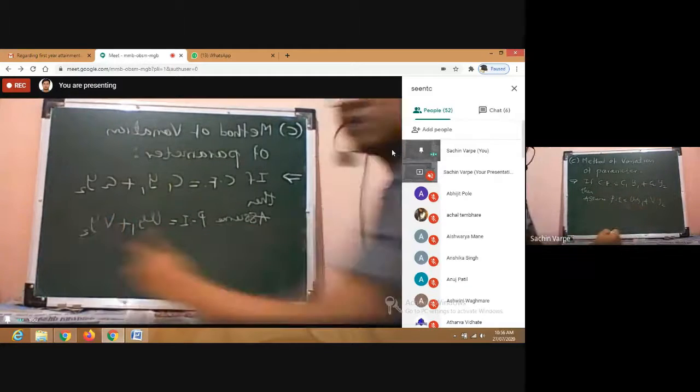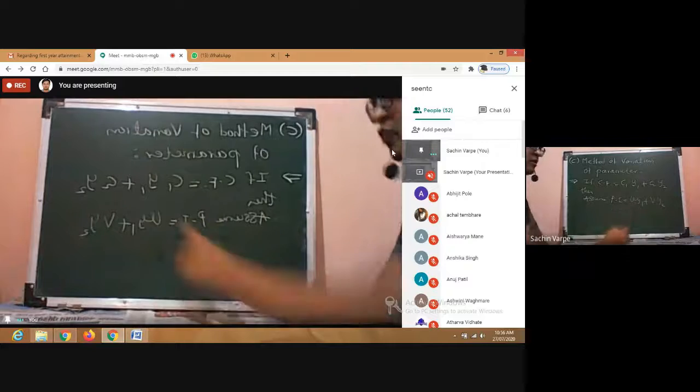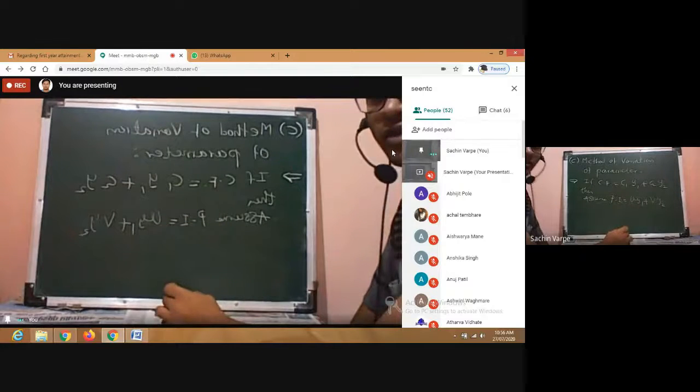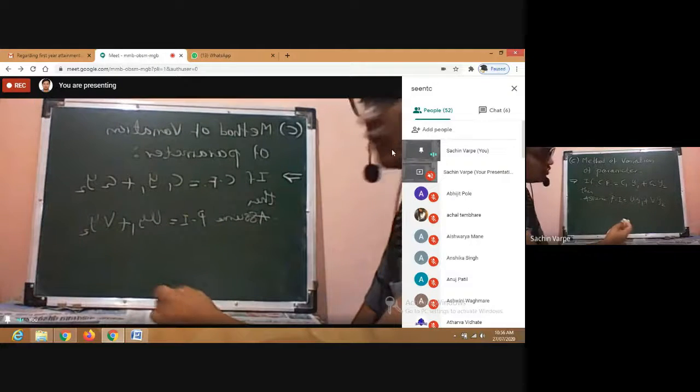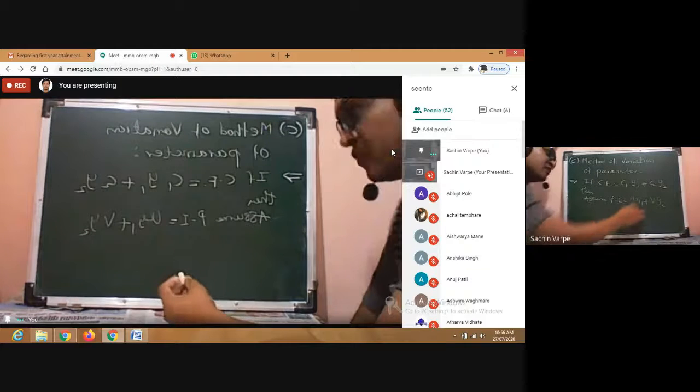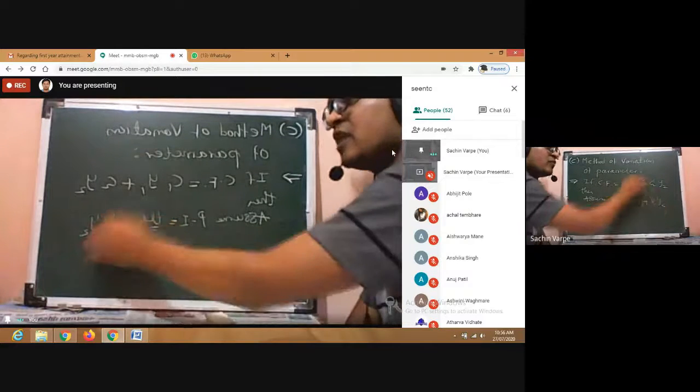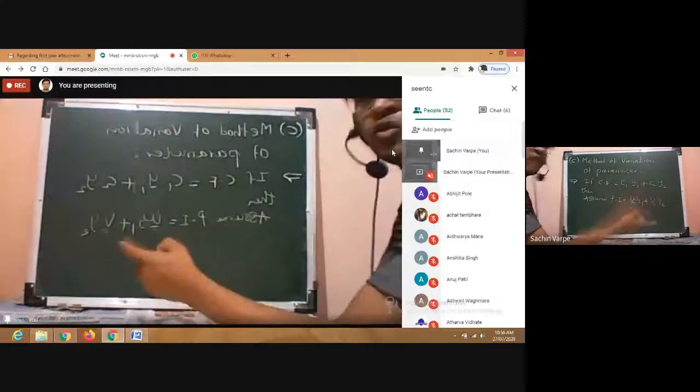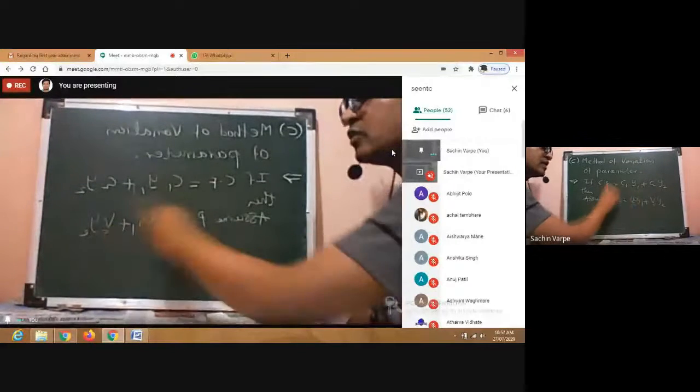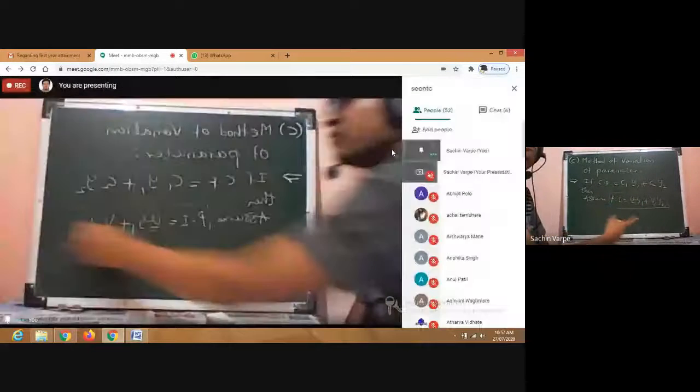This will be our assumption: u y1 plus v y2 will be our particular integral. Now what are these u and v? We'll find the values of u and v with the help of y1 and y2, and substitute them into this, and that will be our final particular integral.